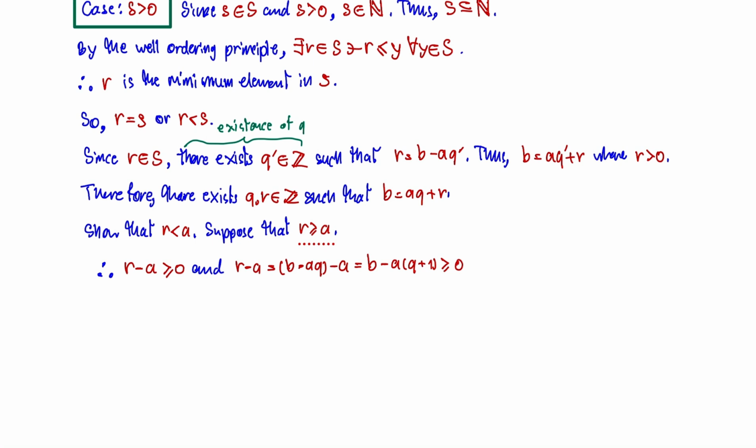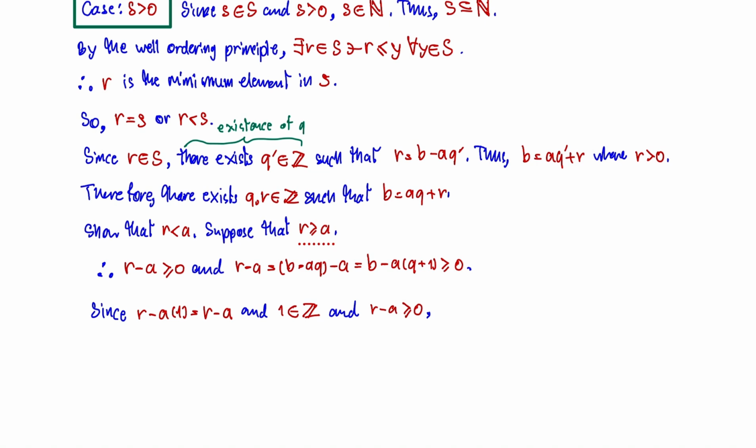And this term is greater than or equal to 0. Okay, and then what next? Since R minus A times 1 equals R minus A, and this number 1 right here is an integer. And R minus A is greater than 0. Are you familiar with this?